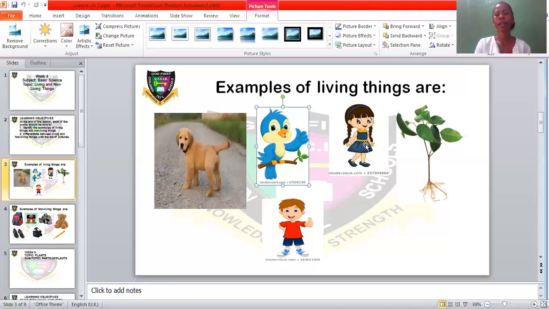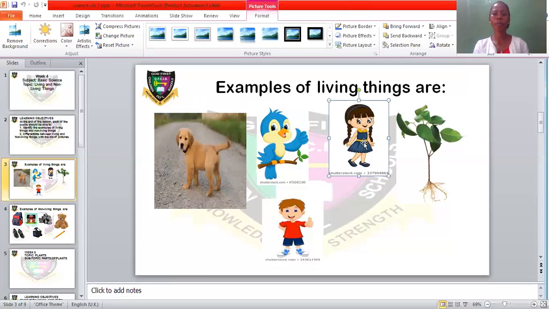Yes, a girl is a living thing. If you are a girl, tell yourself, I'm a living thing, because a girl can see, a girl can walk, a girl can eat. A girl can also move her body. Can you move your body?